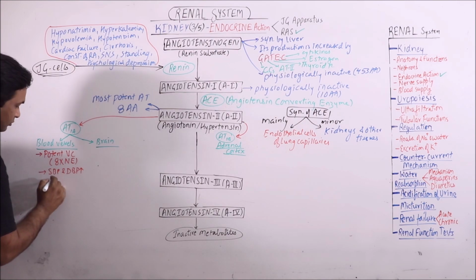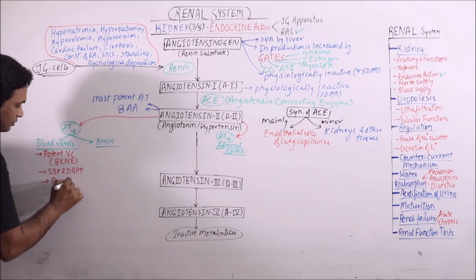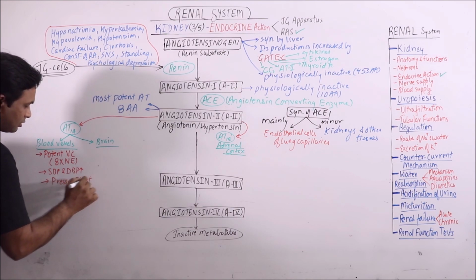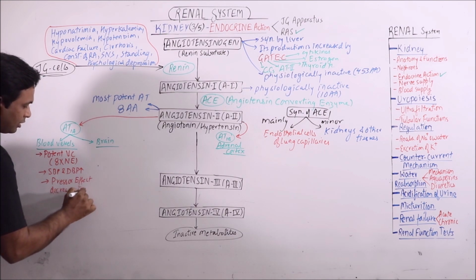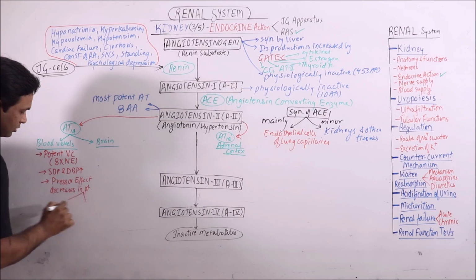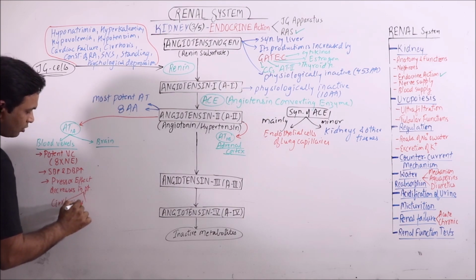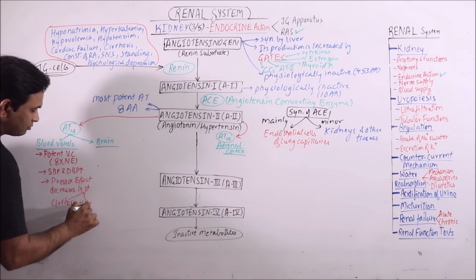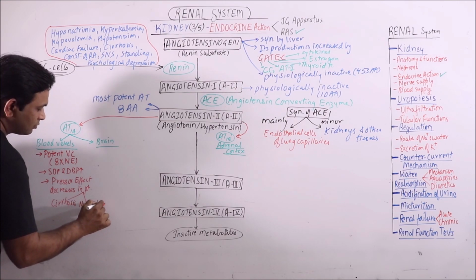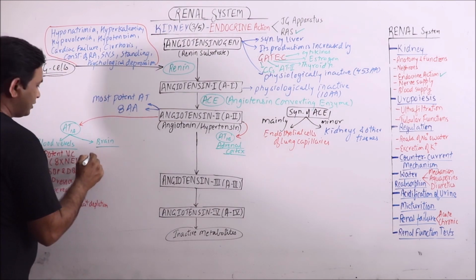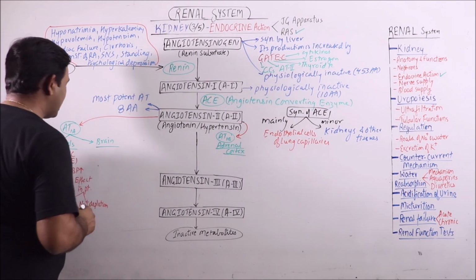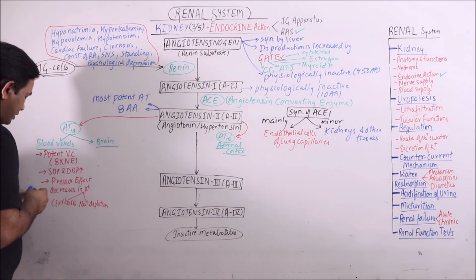Then it is observed that this pressure effect decreases in patients having cirrhosis or patients suffering from sodium depletion. Then on brain, it acts on those areas which are outside the blood-brain barrier.